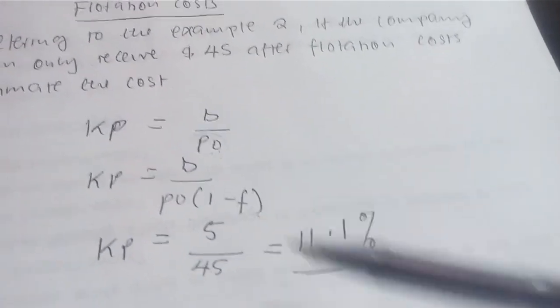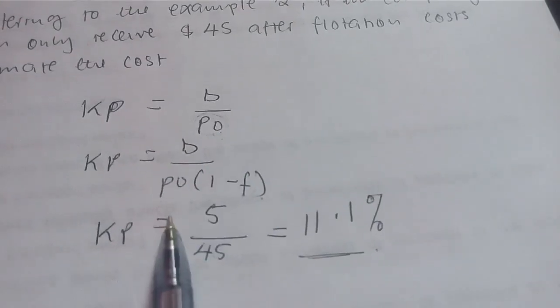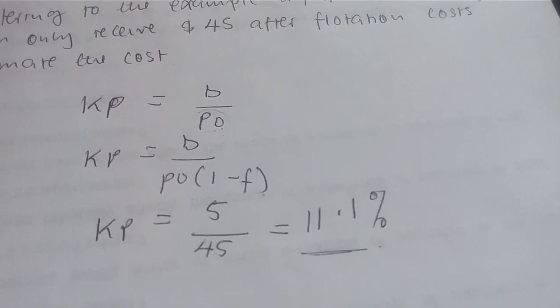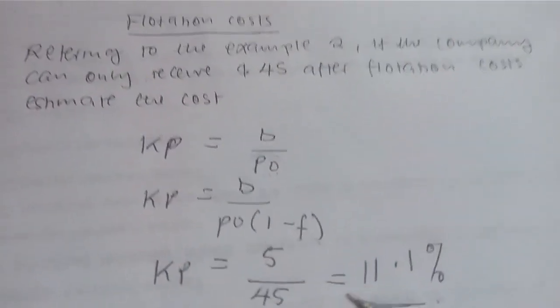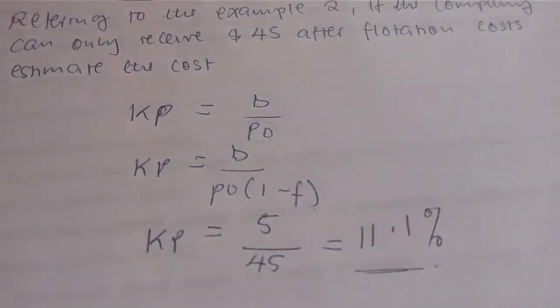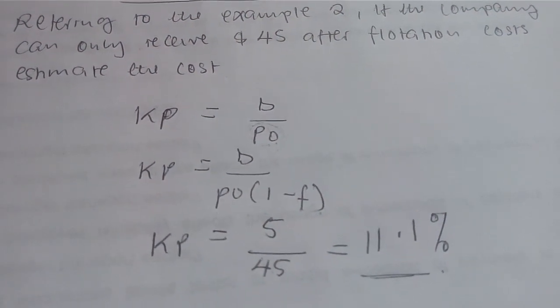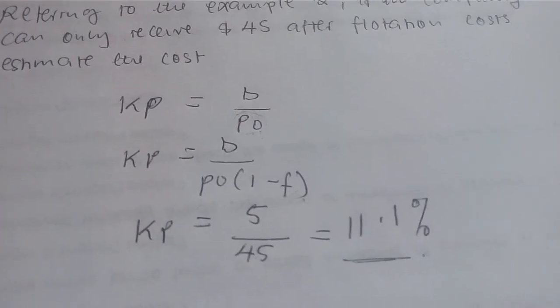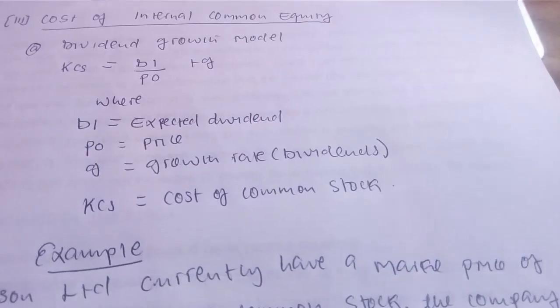So that's the difference there, but the formula remains the same. We just have to make adjustment to the price. So the next illustration, we have to look at how to compute the cost of equity, that's both internal equity and external equity. So follow me closely as we go to that area.